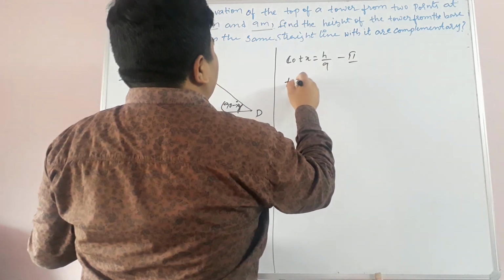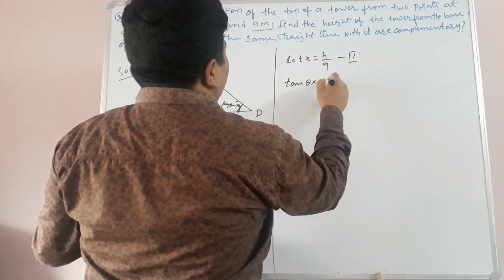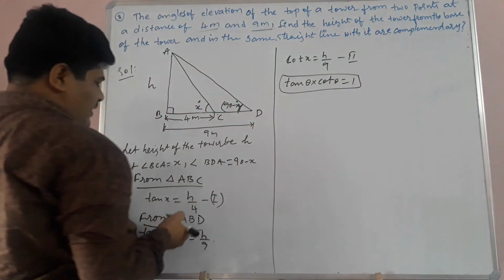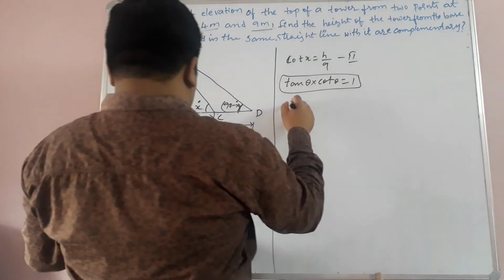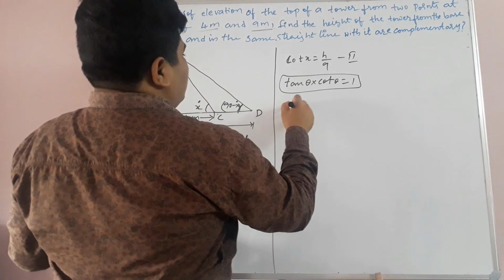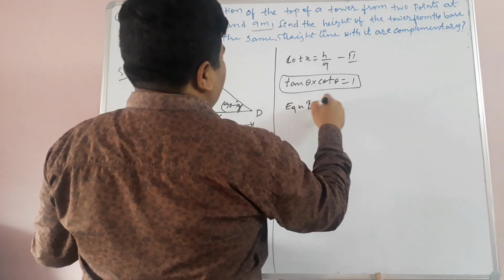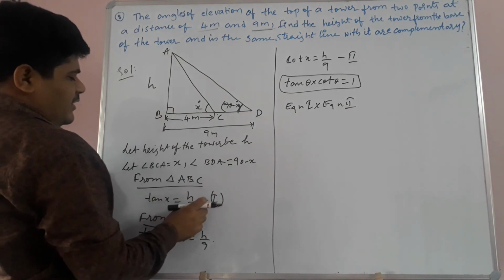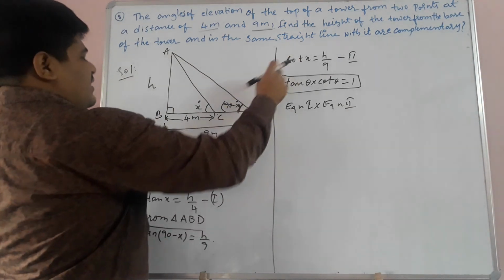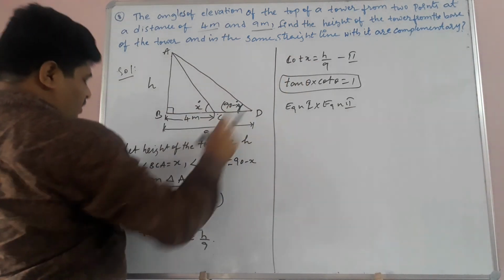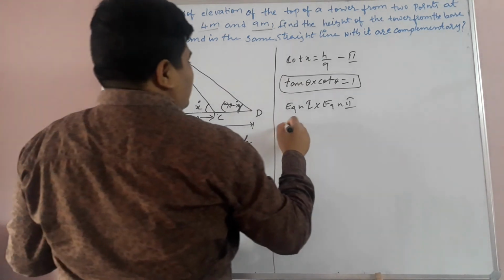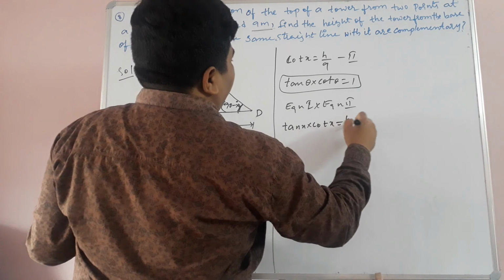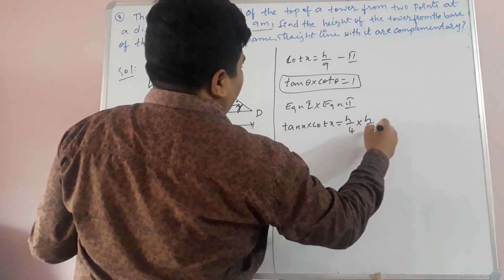And children, tan theta and cot theta are reciprocals of each other, right? So their product will be 1. Here tan x and cot x are there, so multiply equation 1 and equation 2. Equation 1 is tan x is equal to h by 4. LHS into LHS is equal to RHS into RHS. Tan x into cot x is equal to h by 4 into h by 9.